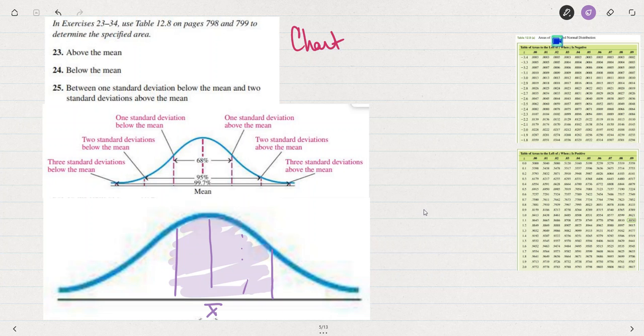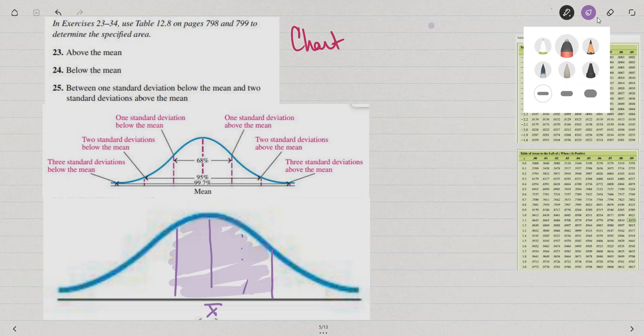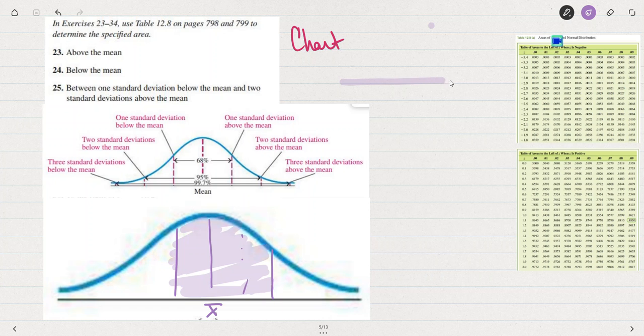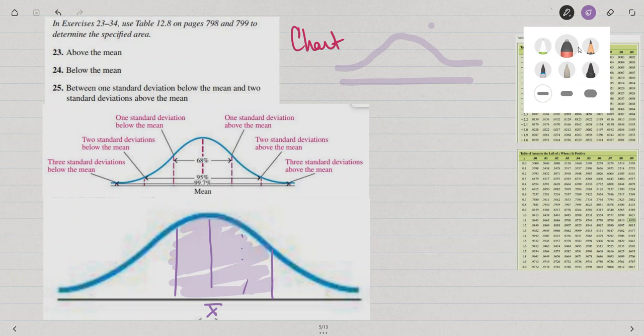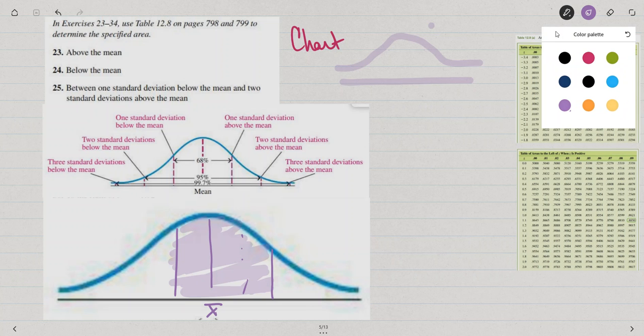Then I could use this chart to find two things. The first thing I'm going to do is find this area. Let me highlight the area I'm going to find.